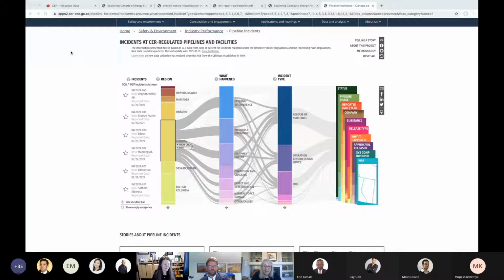We also found it interesting that this is used as an engagement tool. Jagoda was just mentioning that, but there is a lot of resistance in Quebec to building pipelines.